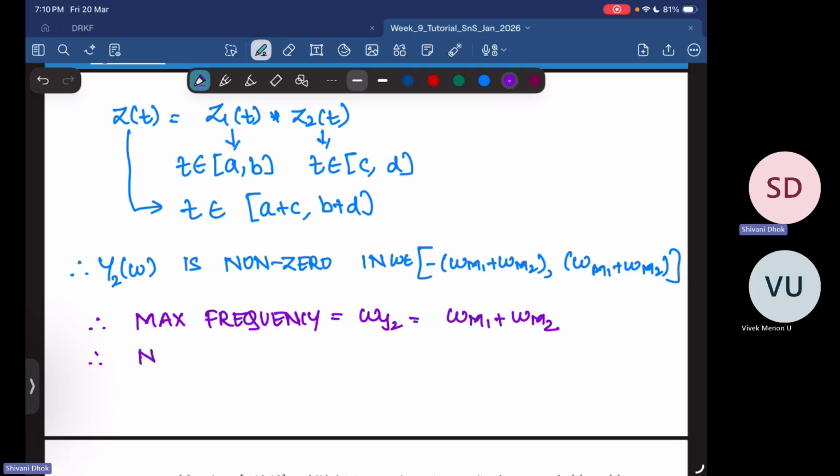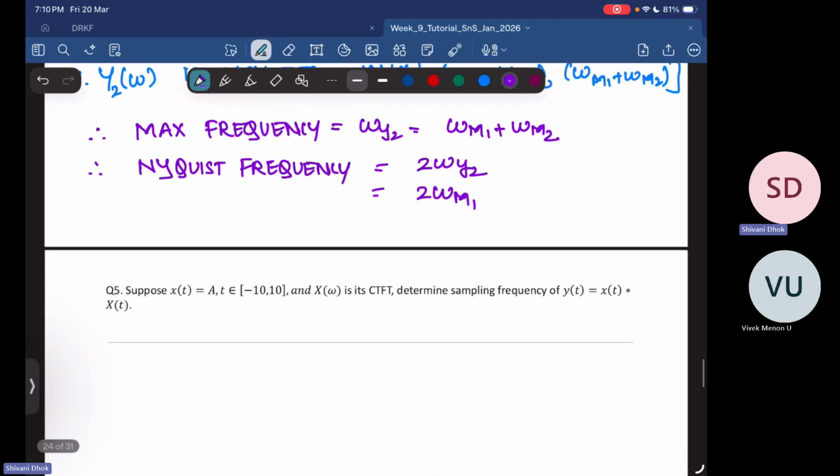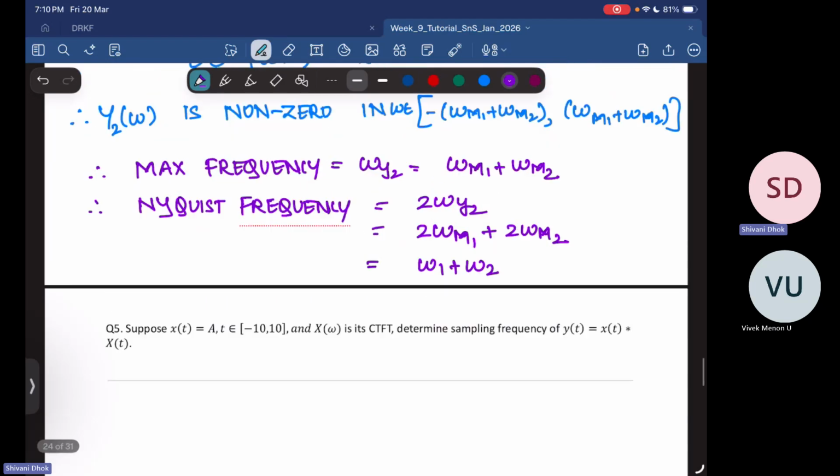Therefore, the Nyquist frequency is 2 times omega y2, which is 2 times omega m1 plus 2 times omega m2, which is equal to omega 1 plus omega 2.